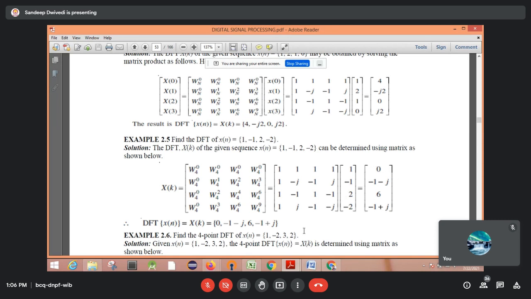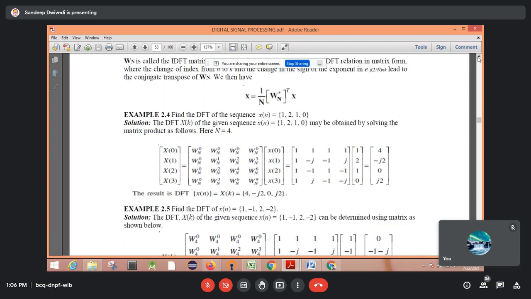Then IDFT. For IDFT, remember that 1 by n, because if you remember the inverse DFT formula, if you are taking inverse of DFT, that will be 1 by n.